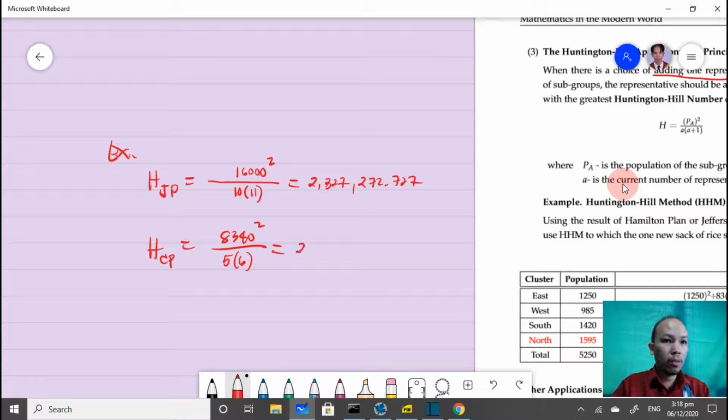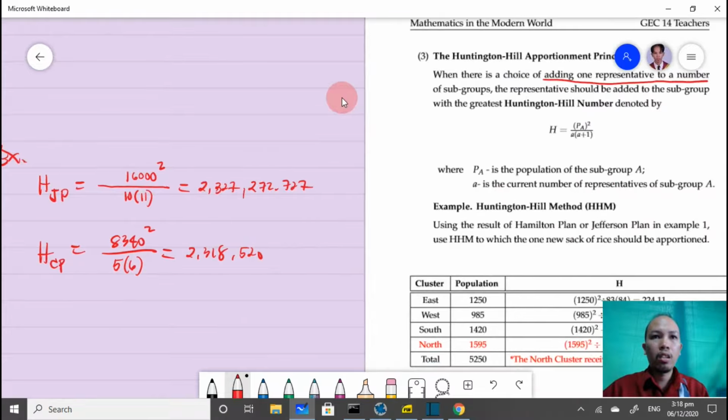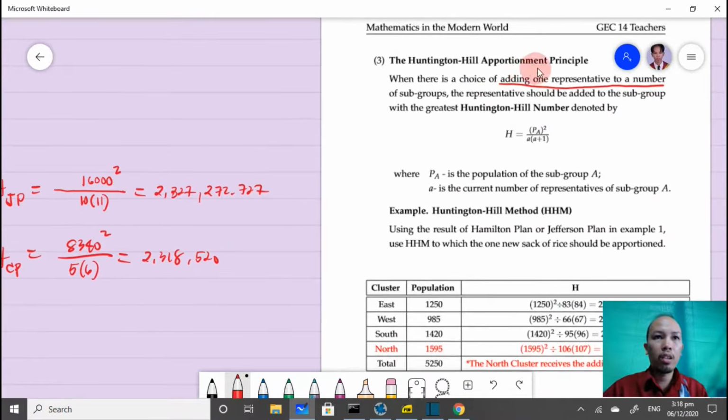We have 2,318,520. Okay, so as you can see here, the Huntington-Hill apportionment principle says that the representative should be added to the subgroup with the greatest. Okay, greatest.